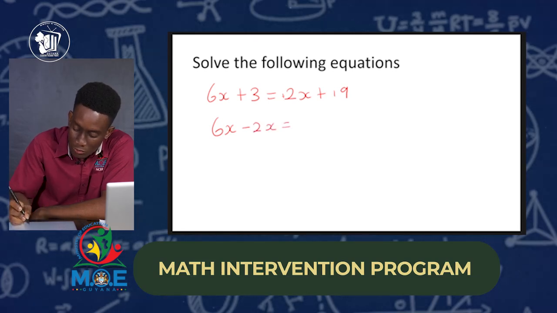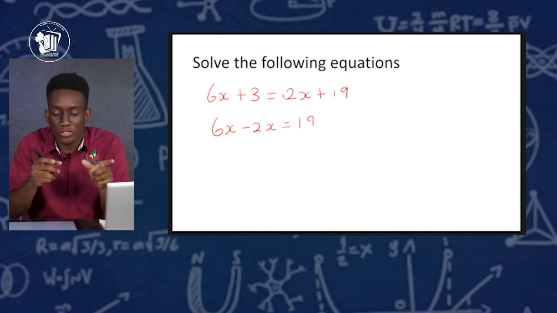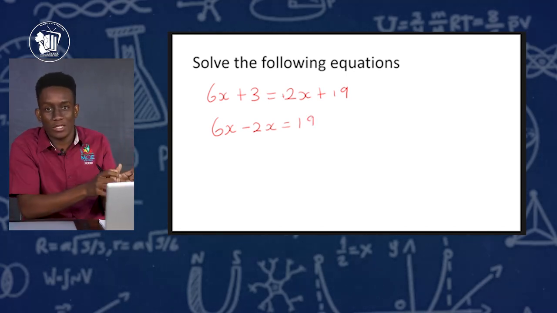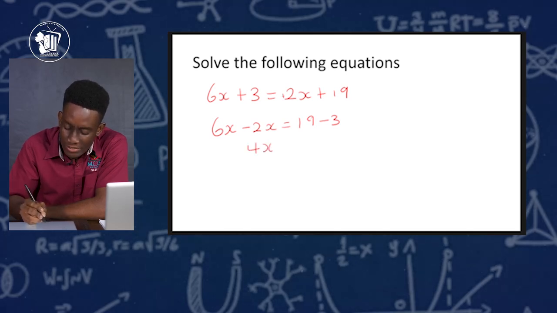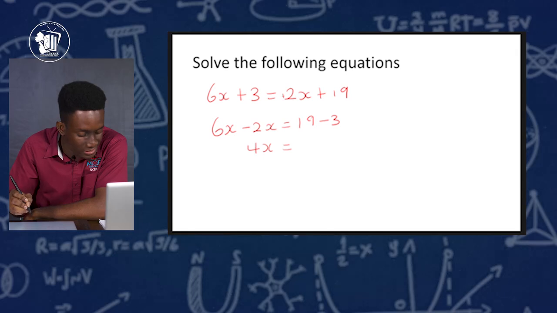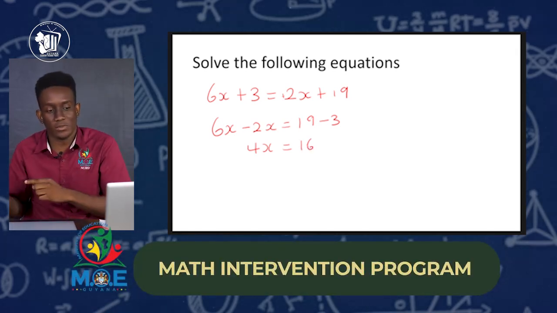And that will be equal to, and on this side we have 19. And we're taking over this plus 3 with the 19. So the 3 is adding. When we take it over, it will subtract. So we have 19 subtract 3. And 6x subtract 2x will give you 4x is equal to 19 subtract 3, which gives us 16. And 4x is equal to 16.